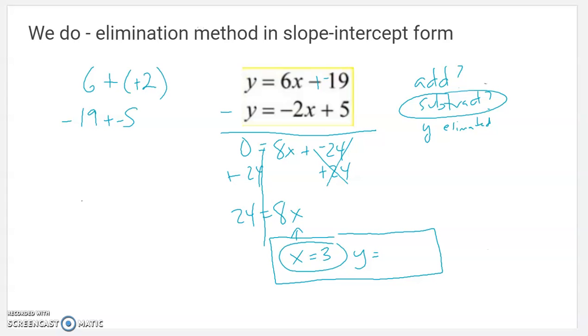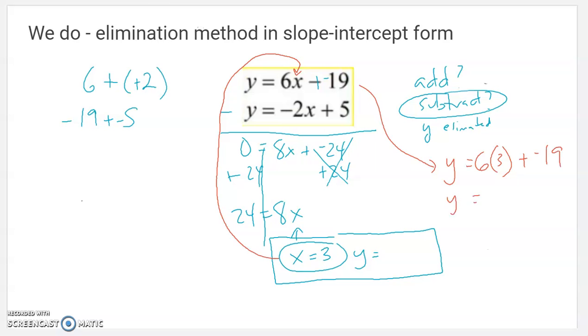So I'm going to now take that x equals 3, and I'm going to substitute it back in for x in either original equation. Does not matter which one. I usually just choose the top one out of ease. So now that I know x, I'll use it to find y. So once I do that, I get, I'm going to write that down here, y equals 6 times 3 plus negative 19.